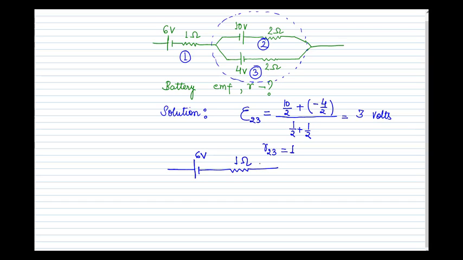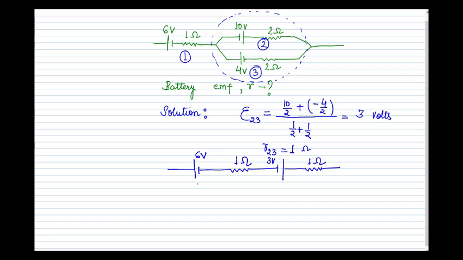And then in series you have one more cell which is having the opposite polarity, that is 3 volts, and the resistance is equal to 1 ohm. So now we have two cells in series. So you can find out.